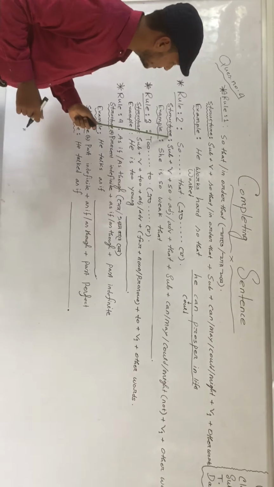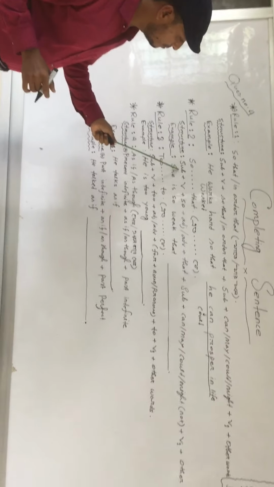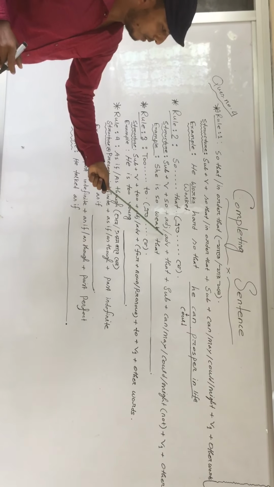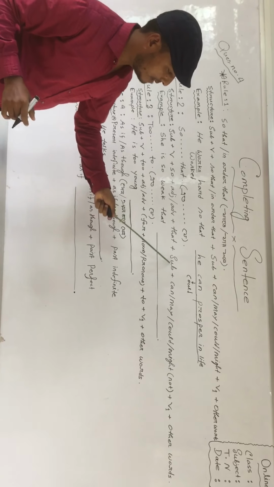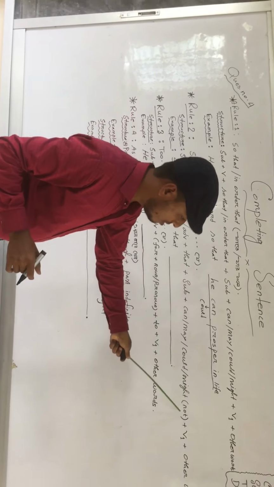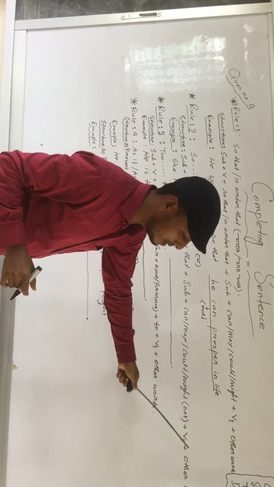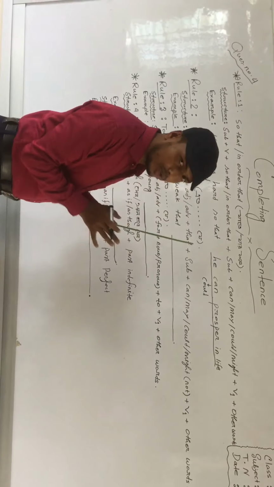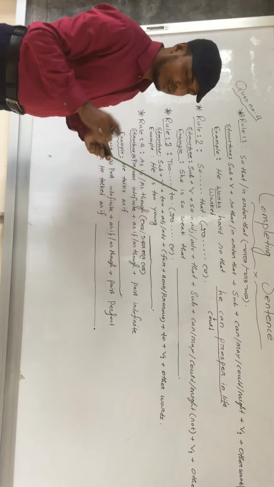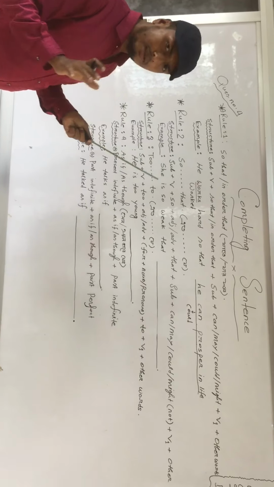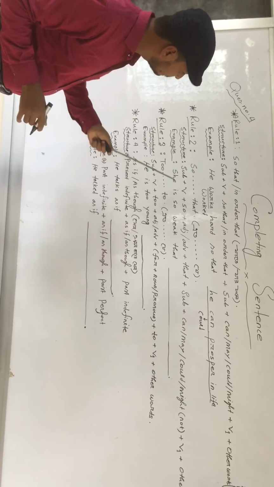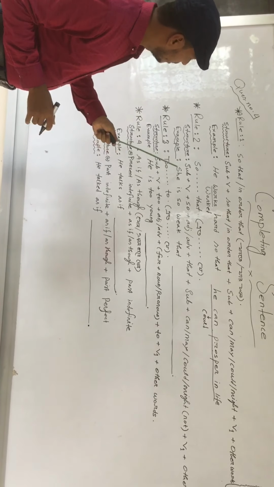The structure you have to know: subject plus verb plus so plus adjective or adverb plus that plus subject plus can, may, could, might, not plus V1 plus other words. You have to memorize this structure, and without knowing the structure, you will not be able to complete the sentence.